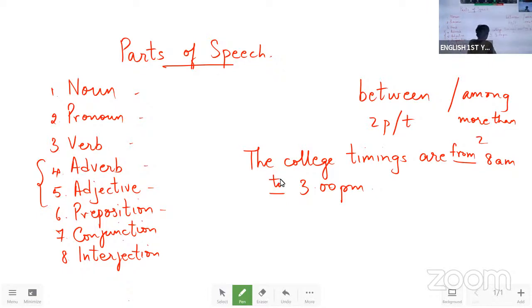But suppose it is written and, you cannot use from. You use between. The college timings are between 8 a.m. and 3 p.m. From, automatically you use to. But if it's between, you cannot use to, but and.